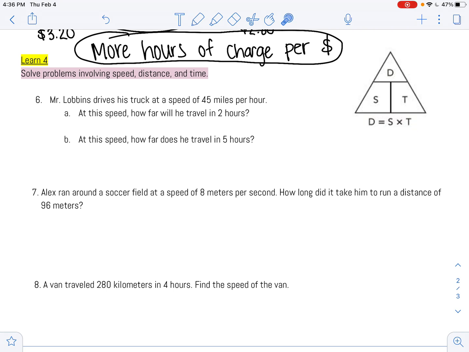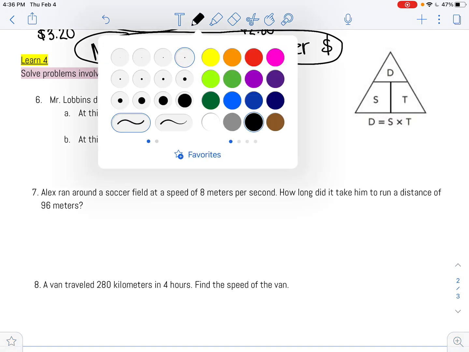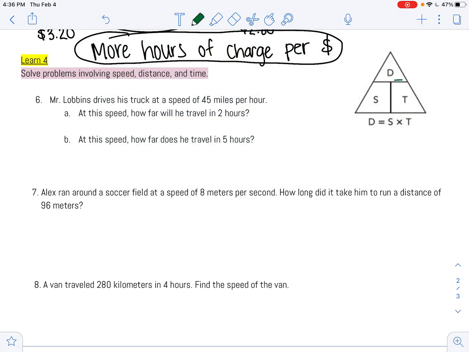Okay, the relationship between distance and time here, if I was going to be solving for my speed and I'm left with my distance and time, because these are on top of each other, that means that I'm going to be dividing if I was solving for speed. Same thing happens if I was going to be solving for time. I don't know my time and I have my distance and I have my speed.